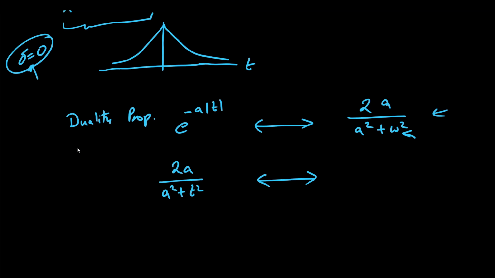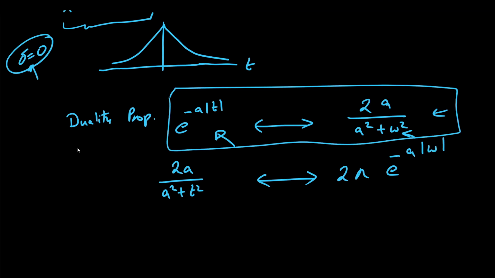That would have a Fourier transform that is 2 pi times, from here, e to the power minus a absolute value of omega. This information we can find out on our own or from a table, and this is a simple intuition from the duality property.